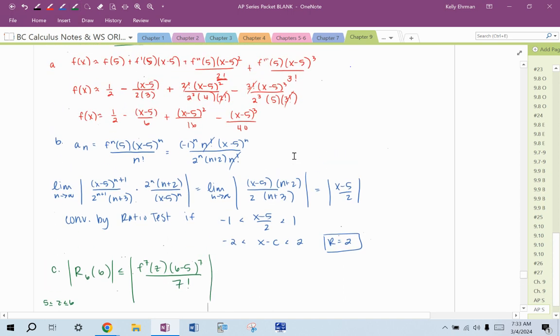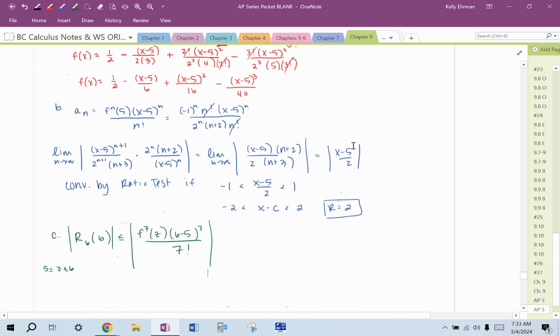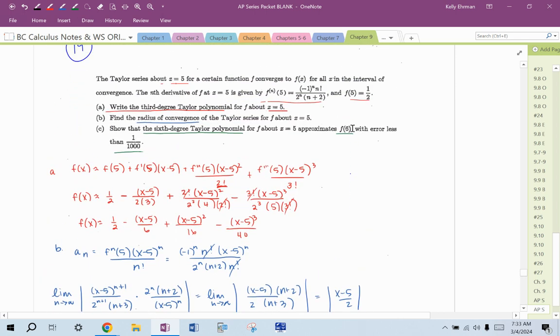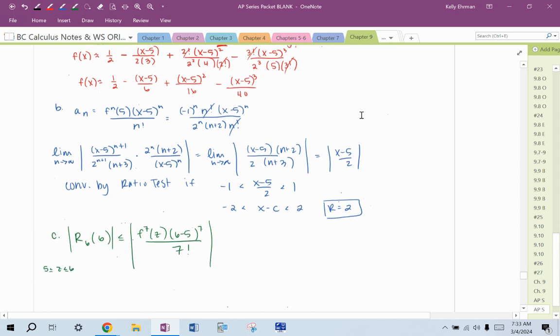Right? Let's see what the seventh derivative comes out to. So the seventh derivative at z would be, let's see, should we be doing our first neglected term? No, I don't think so.